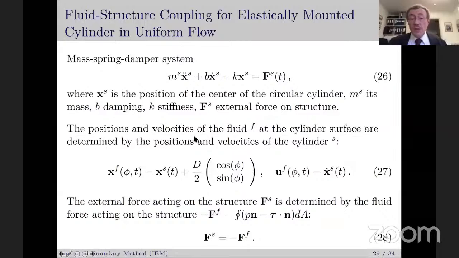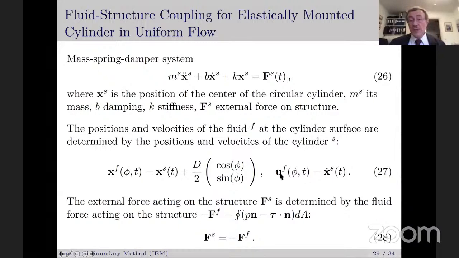The positions and velocities of the fluid at the cylinder surface are determined by the positions and velocities of the cylinder. So here that is given. S is the center of the circular cylinder. And then just getting the values on the cylinder, we have the angle phi involved.